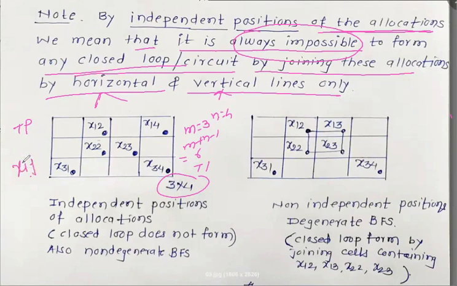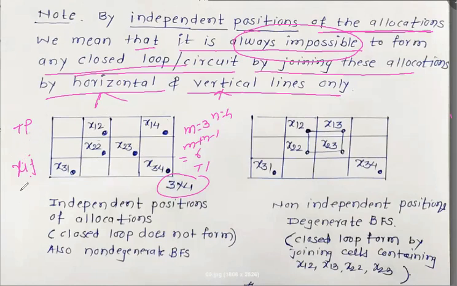Xij gives the quantity transported from the ith factory to the jth warehouse. Suppose these are the positive values of xij. So these are the positive allocations.